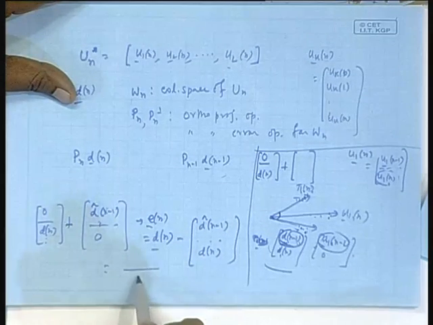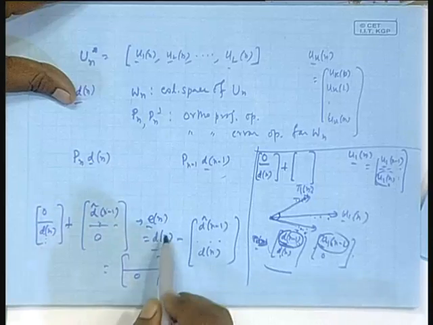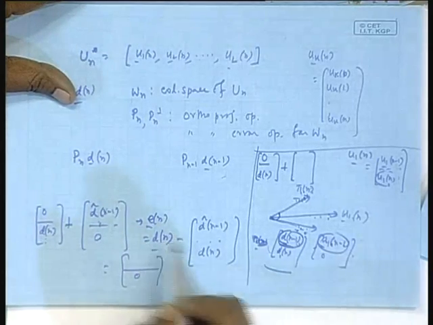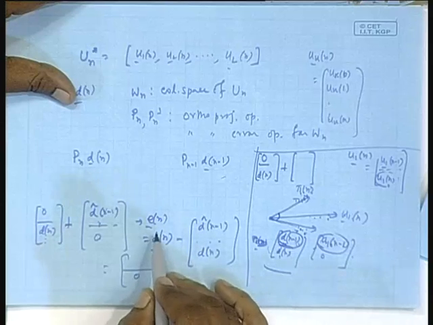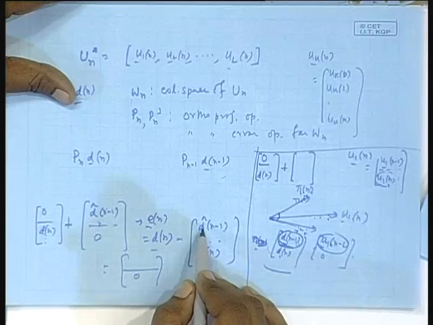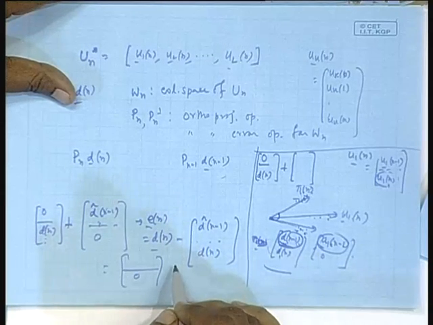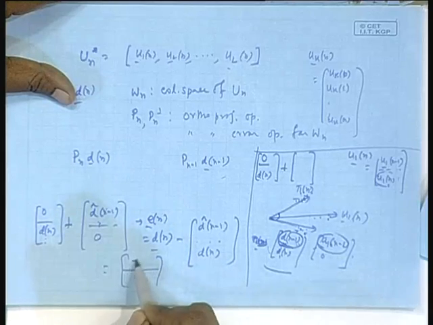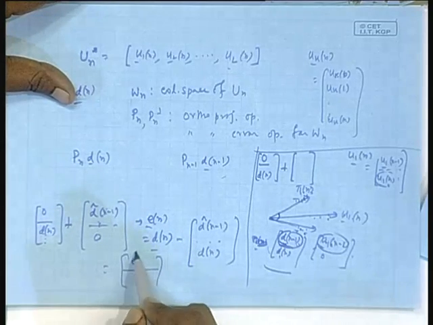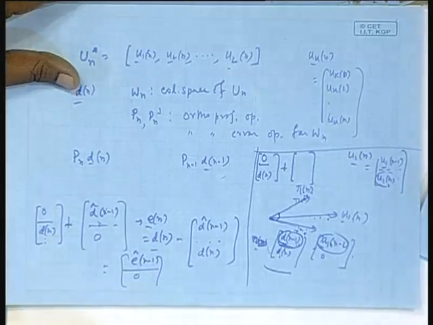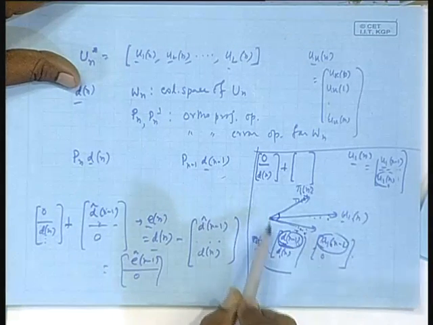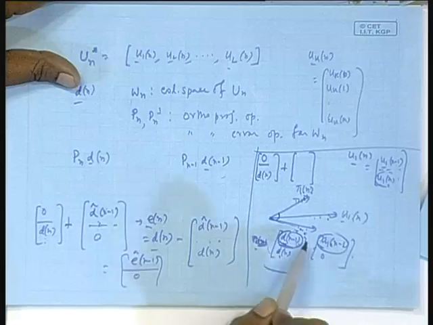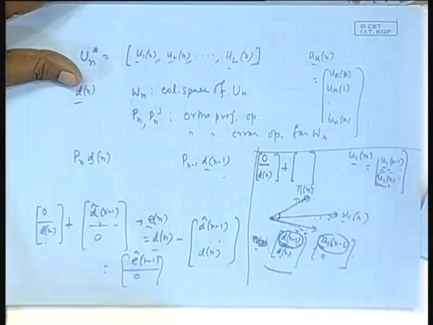Last guy goes, and on d n is what? D n minus 1 vector, and then d n cancels. D n minus 1 vector minus its estimate. That is the error. Which error? D n minus the d n minus 1 minus the projection on these axes. That error, not on the overall projection.